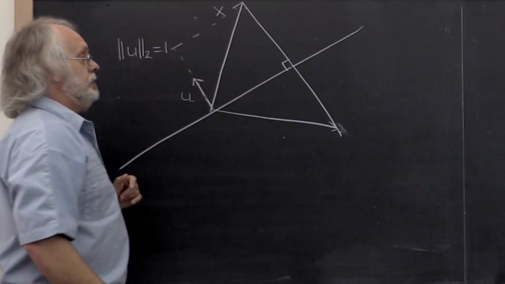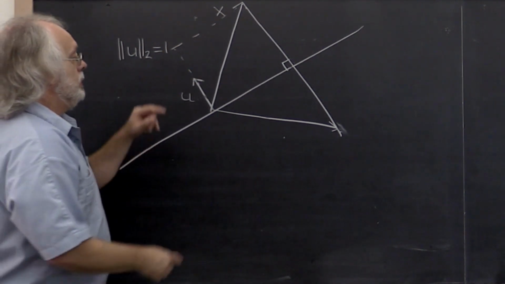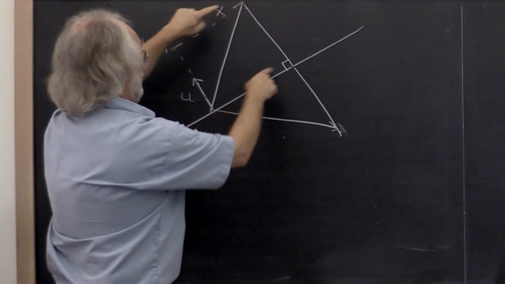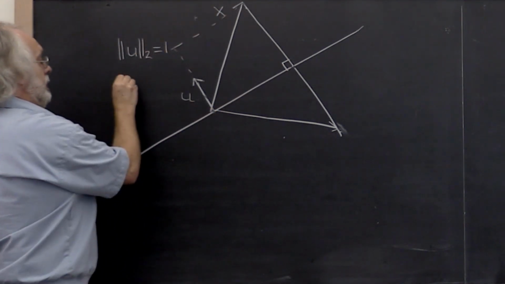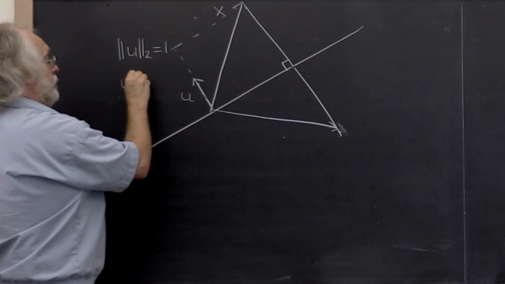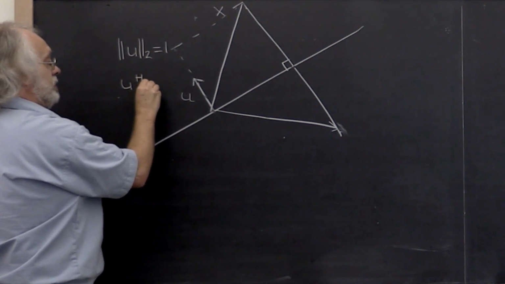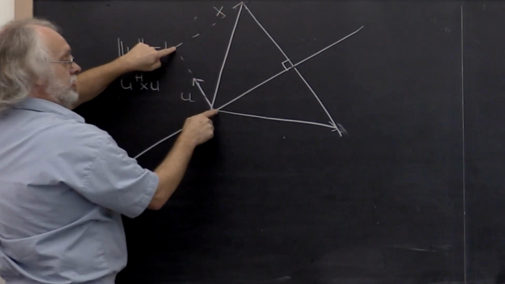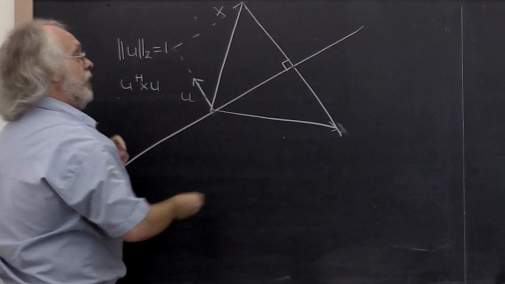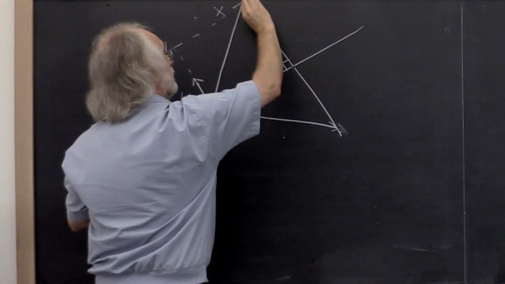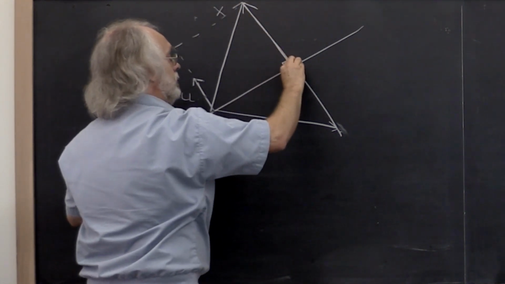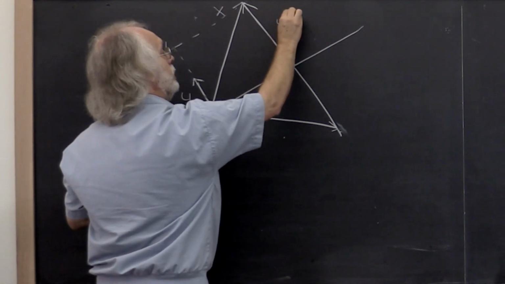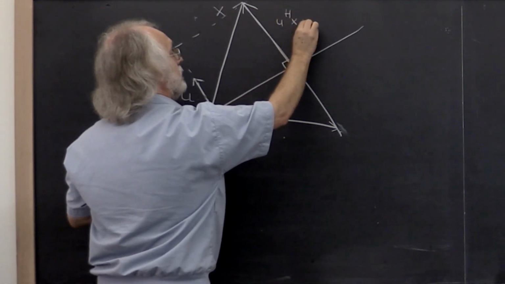If we make this into a rectangle, then we know that this is the same as that. Notice that this right here is the dot product of u with x times the vector u. It's the component of x in the direction of u. And therefore, this right here, from this point right here, is also u dot product with x times u.